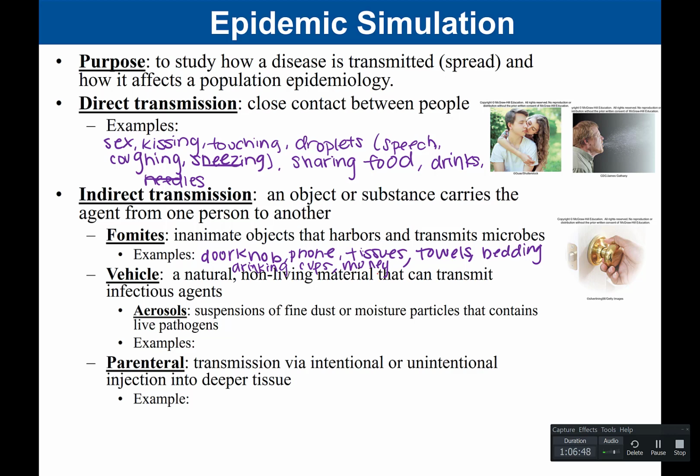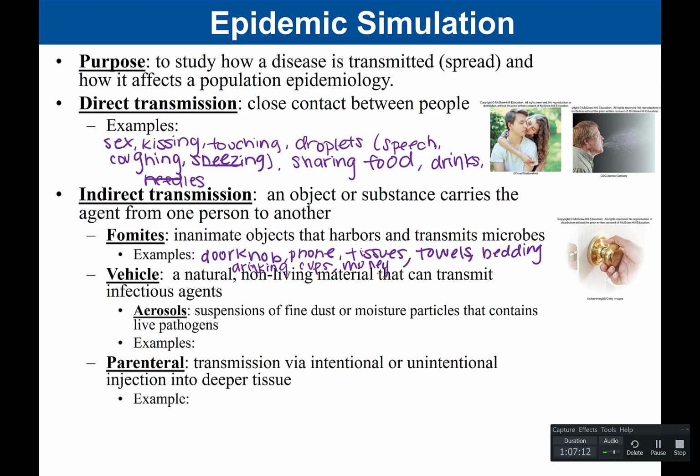A vehicle is a natural, non-living material that can transmit infectious agents. In this case, it could be aerosols. In an aerosol, we're talking about suspensions of fine dust or moisture particles that contain the live pathogens.